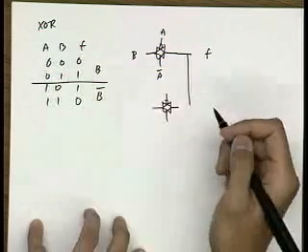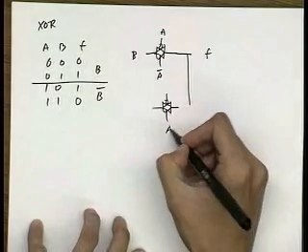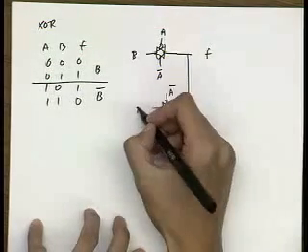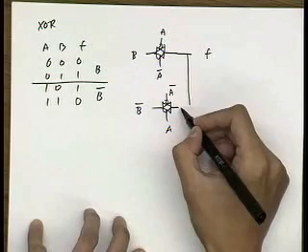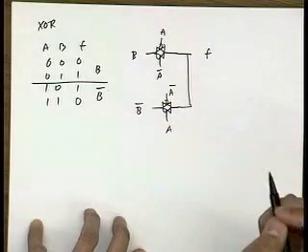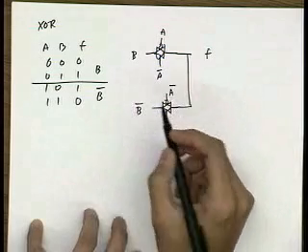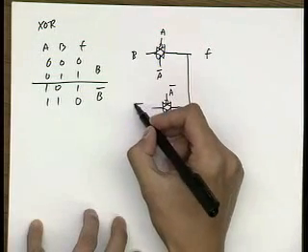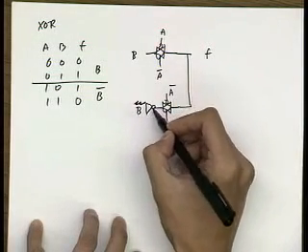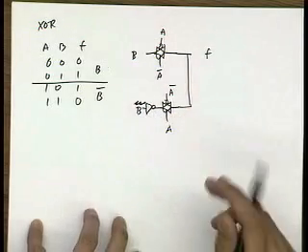If A is 1, I will probably want to pass B bar to the output. Now, if I write everything out, I'll need an inverter here.